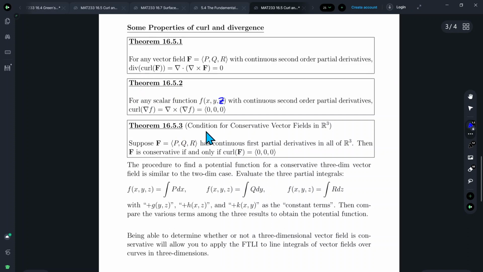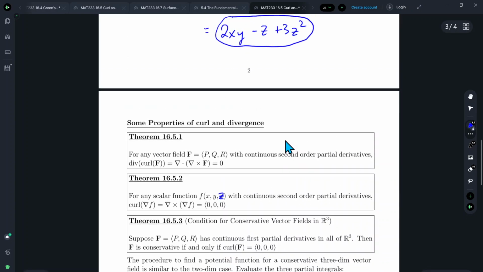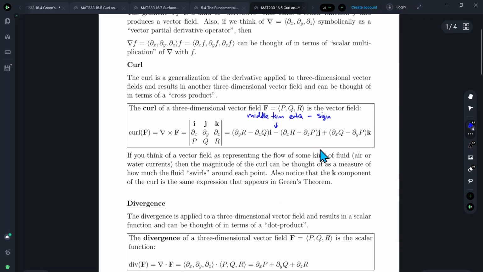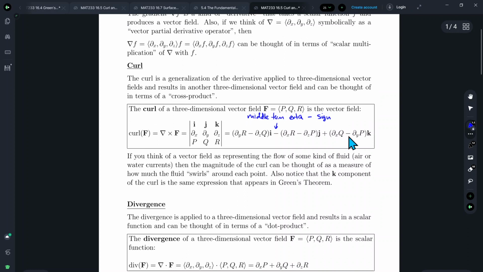And then the next theorem here is stating how the curl is related to conservative vector fields in 3 dimensions, right? So if you go back to the first or second section of this chapter, we talked about conservative vector fields for 2-dimensional vector fields, and that calculation involved the partial derivative of q with respect to x and the partial derivative of p with respect to y.